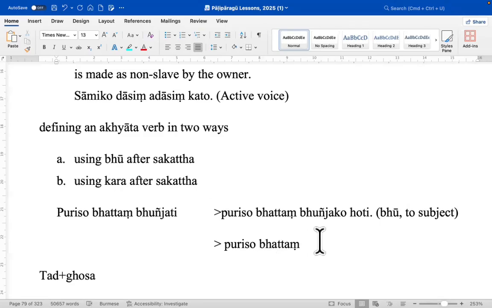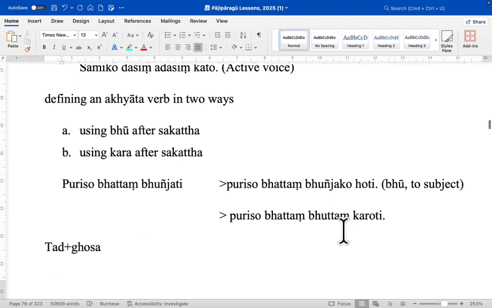Okay, so bhattaṃ, karoti. Here bhuñjati becomes bhuñjāpeti. So karoti we add. So bhuñjako is called sakata, and bhuñjāpana is also called sakata. So after sakata, bhuñjako and bhuñjāpana, we add the root bhū and the root kara respectively. When we refer to the subject, bhuñjako, the sakata must have the same case as the subject.